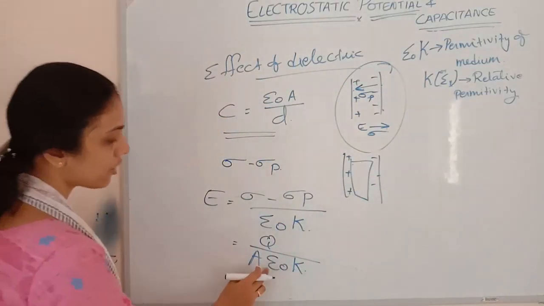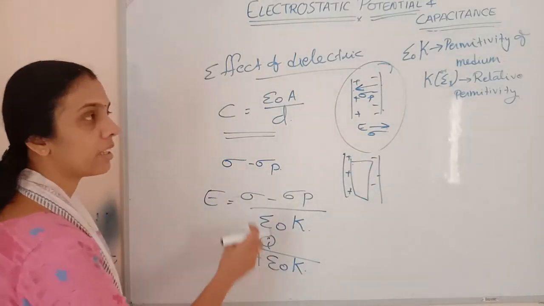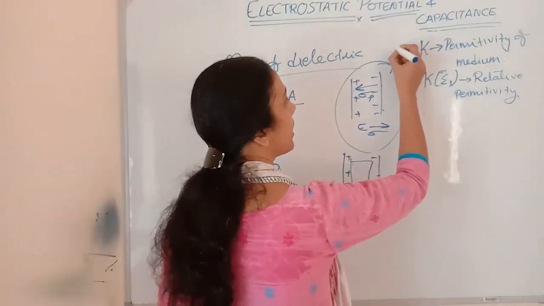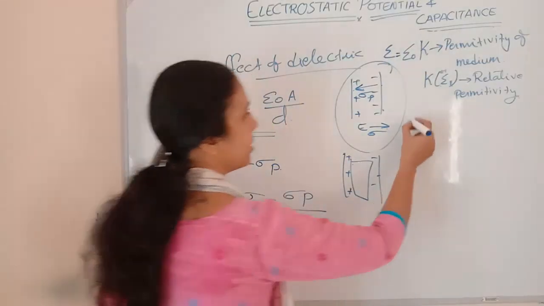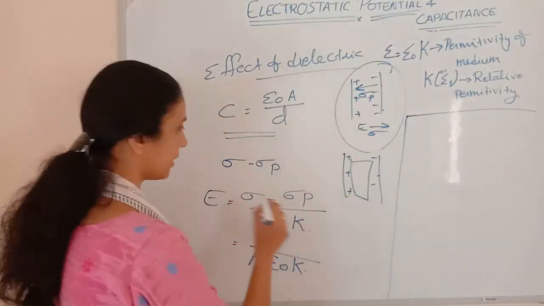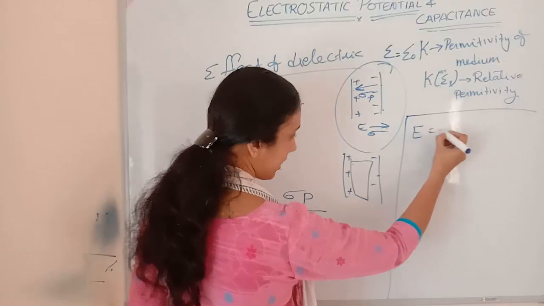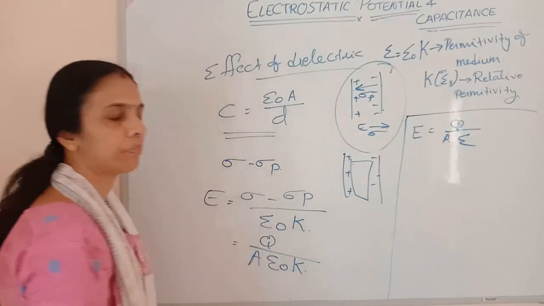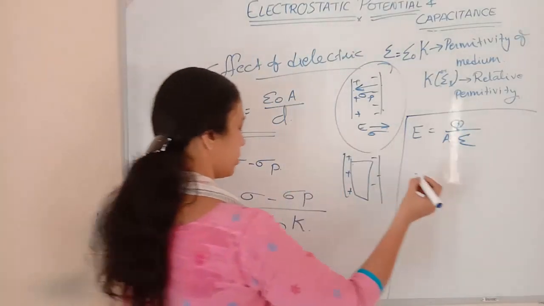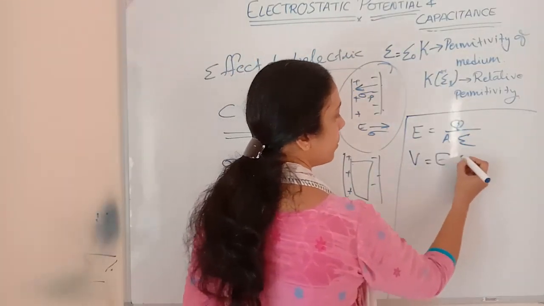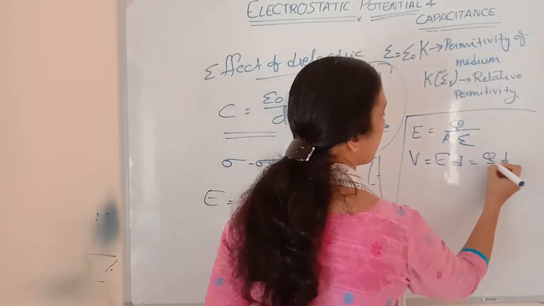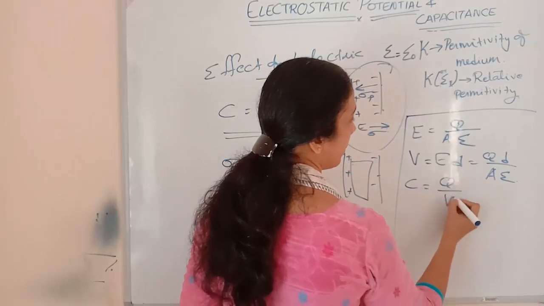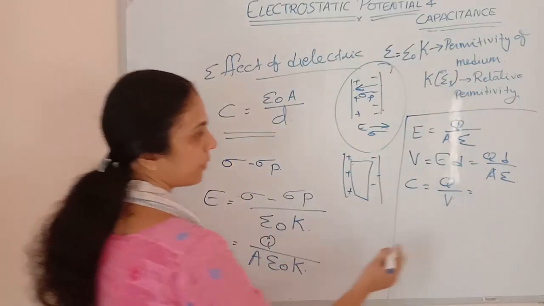Now, instead of epsilon 0 into K, if you want, we can represent it as epsilon also. So epsilon 0 into K, I am representing as epsilon. So E equals Q divided by A into epsilon. Okay, now what should we do? We should find V, which is E into D. That is Q D divided by A epsilon, and C is equal to Q by V. So what can we write?